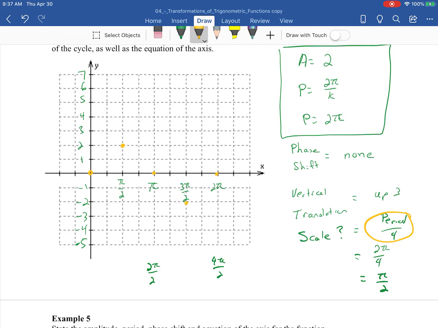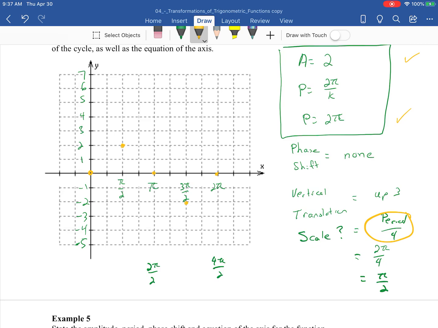Now, a couple of things. Notice that by using period over 4 as the scale, and those being my key points, I automatically created a graph that had period 2 pi. That worked very well with choosing period divided by 4 as my scale, because when I did 4 points, I ended up with exactly the right width of graph for period 2 pi. Now, here's what I do.